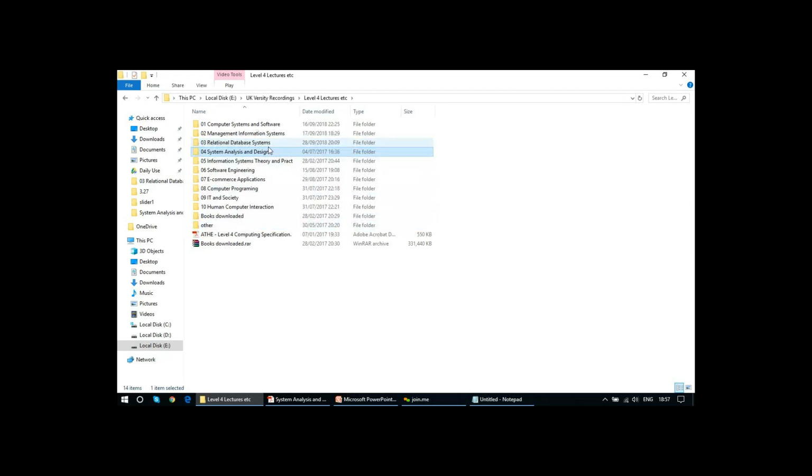SQL programming is not pure programming, but still it's a kind of coding. There is another unit, computer programming. There is coding involved.